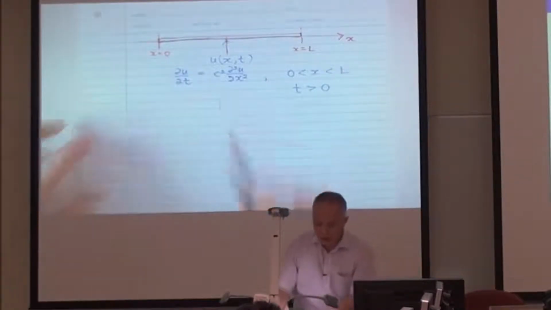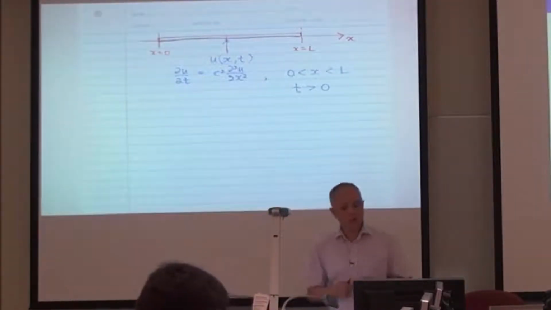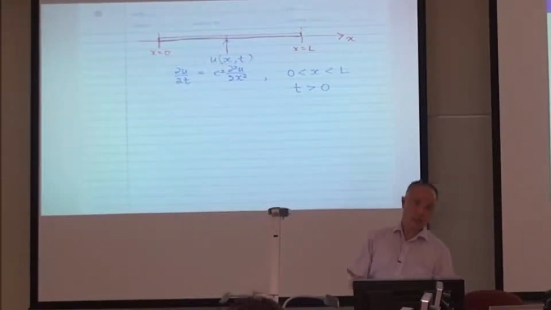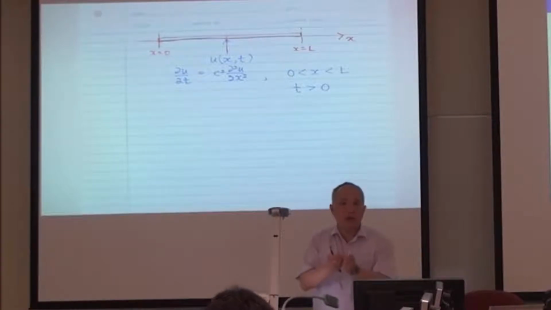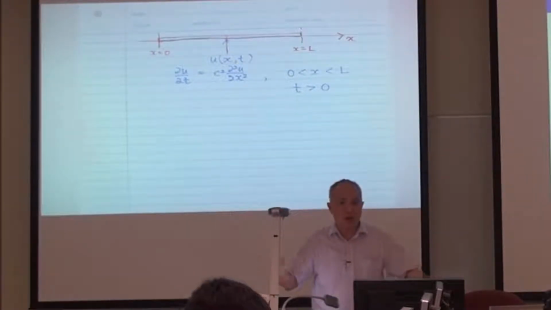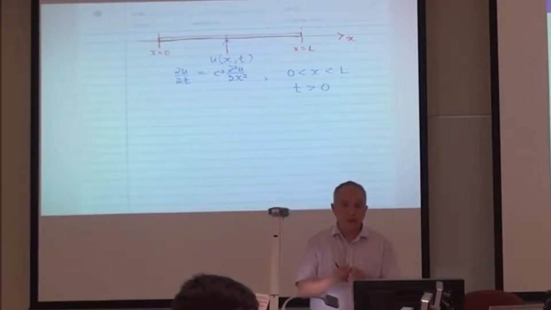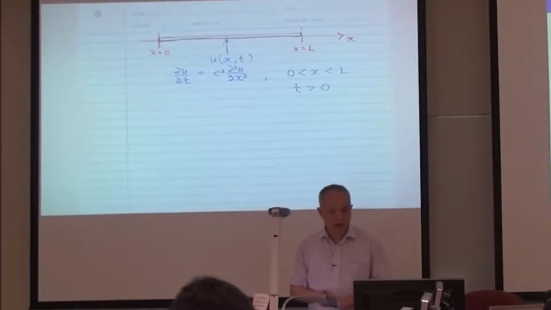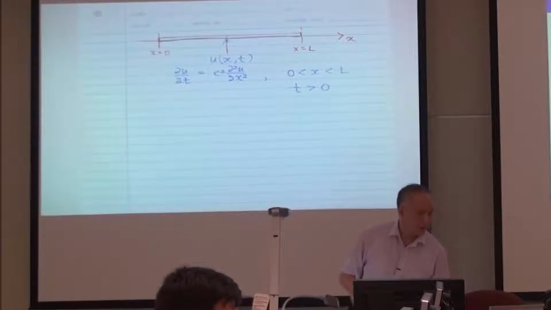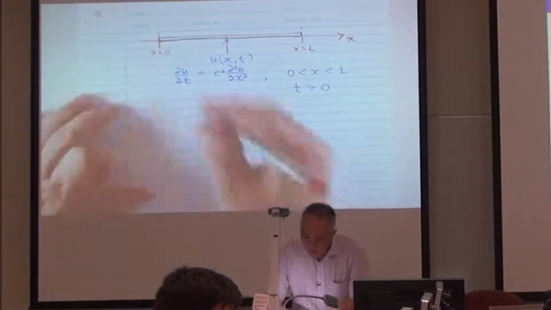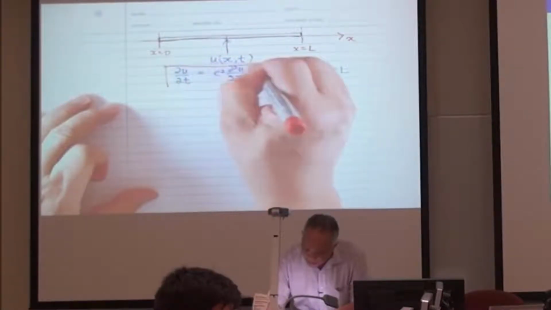And then you have a c squared there, right? C squared actually represents, in this case, what we call the thermal diffusivity, how the heat or the temperature is diffusing or being distributed. It is a property of the bar itself. So this is what we will now call the heat equation.